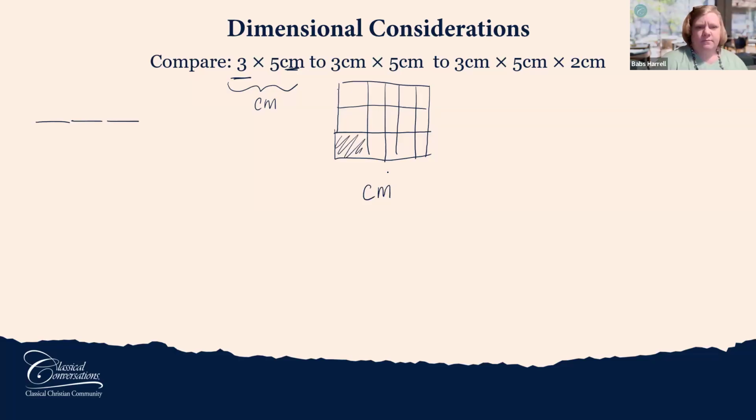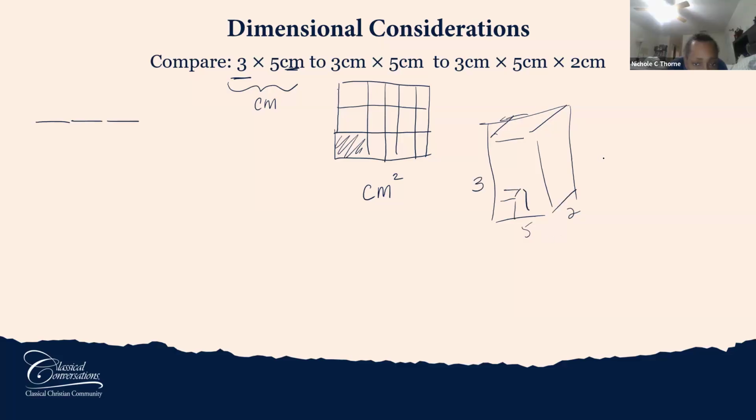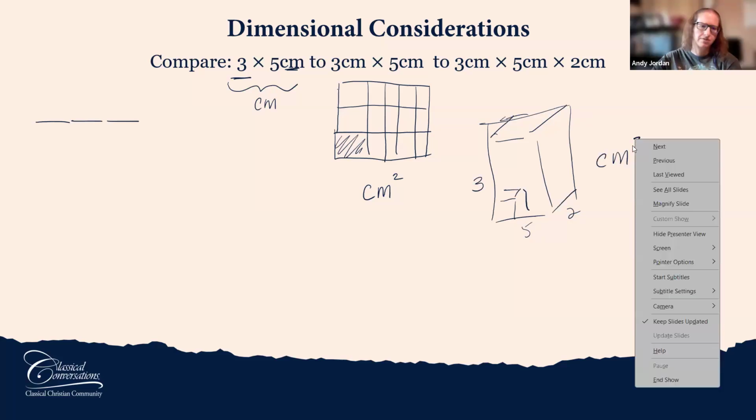Centimeters squared. And if I was to take that now and expand it out this way, which is not drawn well, but pretend that it is, right? So I have my 3 centimeters and my 5 centimeters and my 2 centimeters. I'm going to end up with what kind of unit? Centimeters cubed.